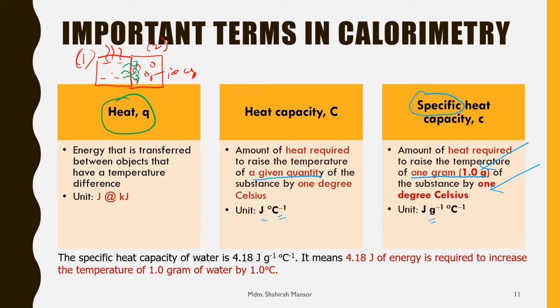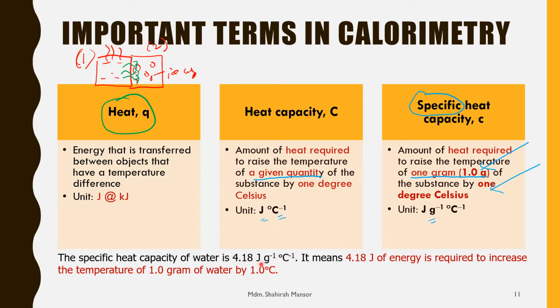Okay, cuba tengok ayat dekat bawah ni. The specific heat capacity of water is 4.18 joule per gram per degree Celsius. Okay, so this is actually the constant value untuk specific heat capacity of water. So, macam mana kita nak translatekan ayat ini?